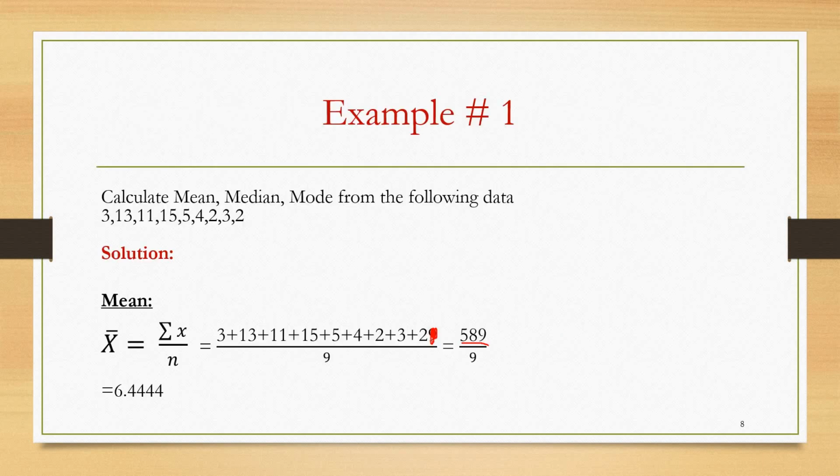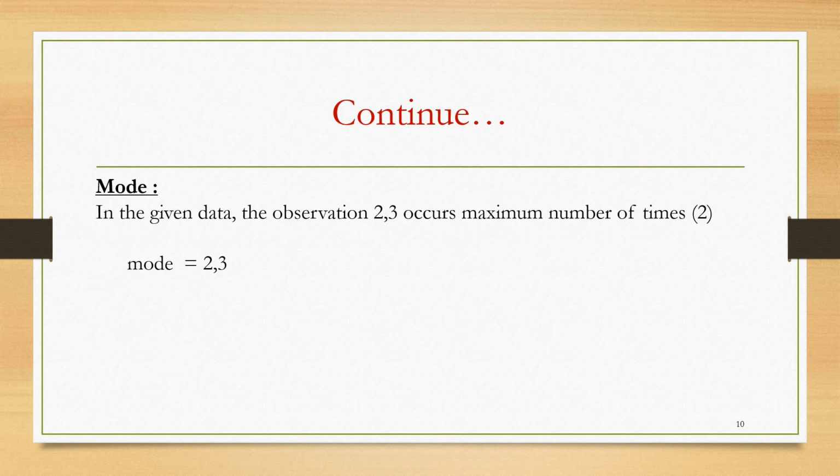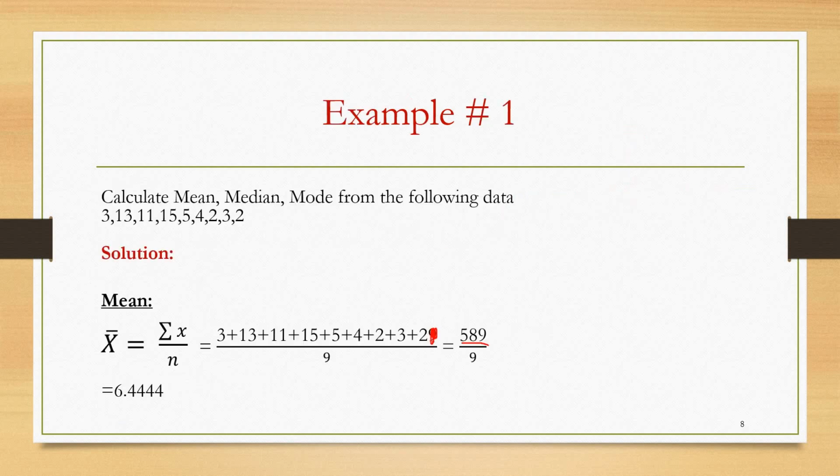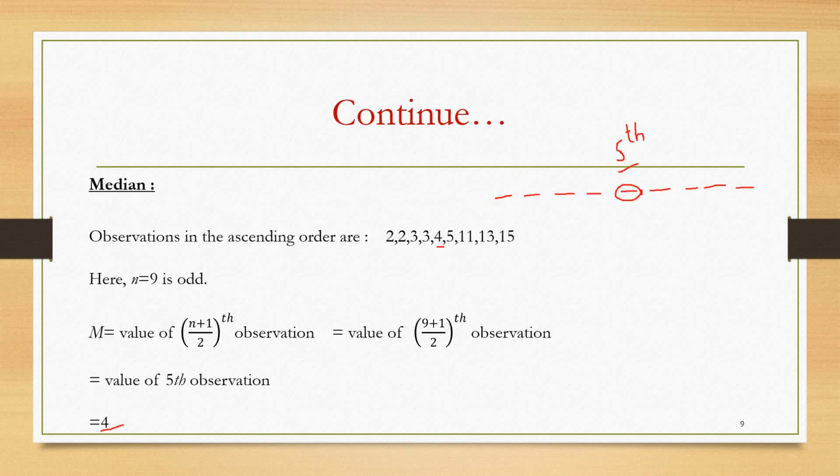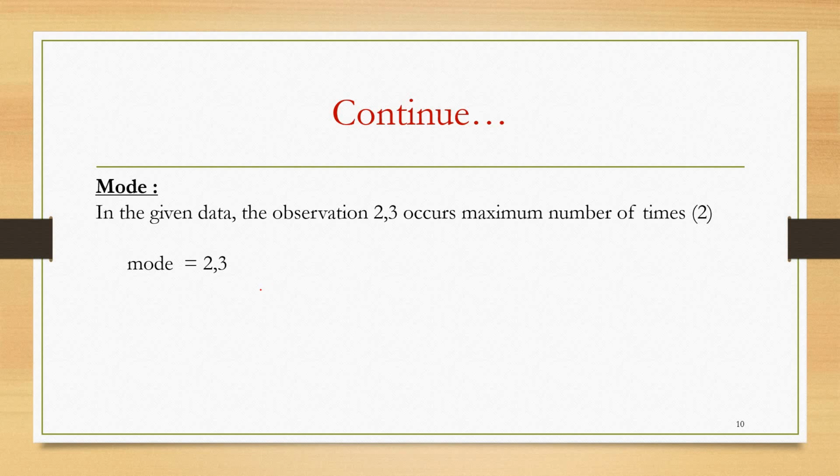In this data set, we have 3 and 3 occurs 2 times. 13 occurs 1 time, 11 1, 15 1, 5 and 4 also 1 time, 2 also occurs 2 times. So there are 2 values that occur maximum number of times, that is 2 times. So the mode is 2 and 3.